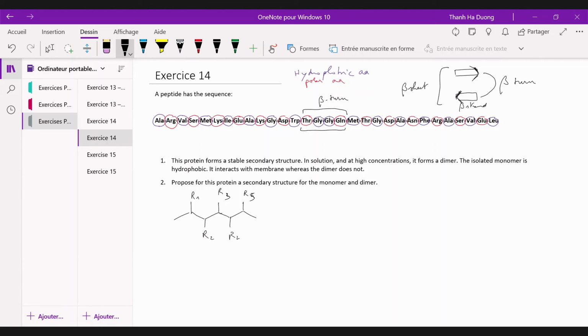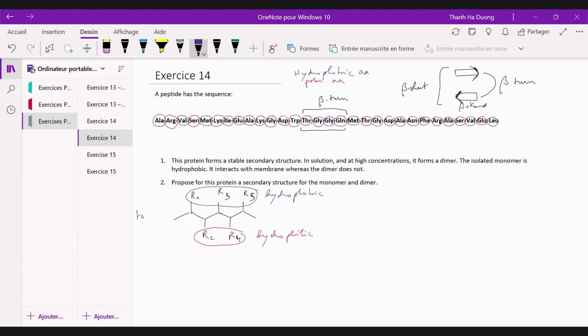In our case, we have a side which is hydrophilic because it's polar amino acid, and you have another side of your beta sheet which will be hydrophobic.